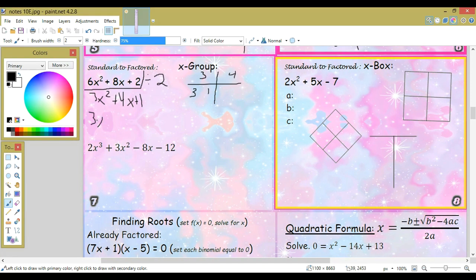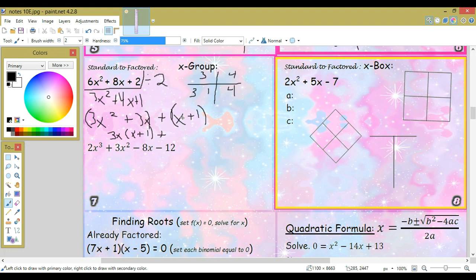So we have 3x squared plus 3x plus 1x plus 1. We're going to group these, and we're going to group these and factor our greatest common factors. The greatest common factor of 3x squared and 3x is 3x. When you divide it out, you should get x plus 1.